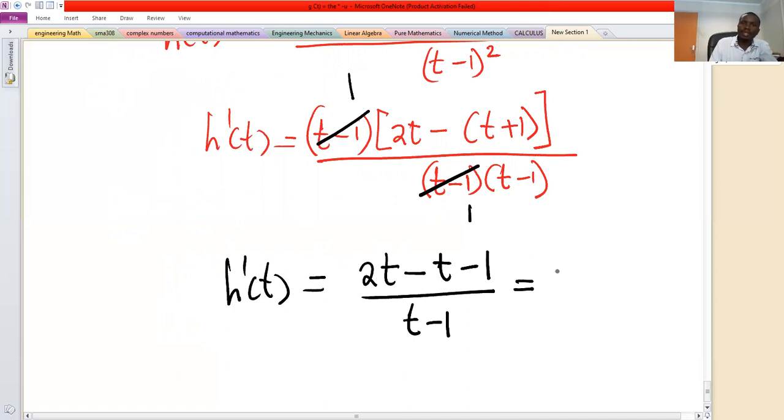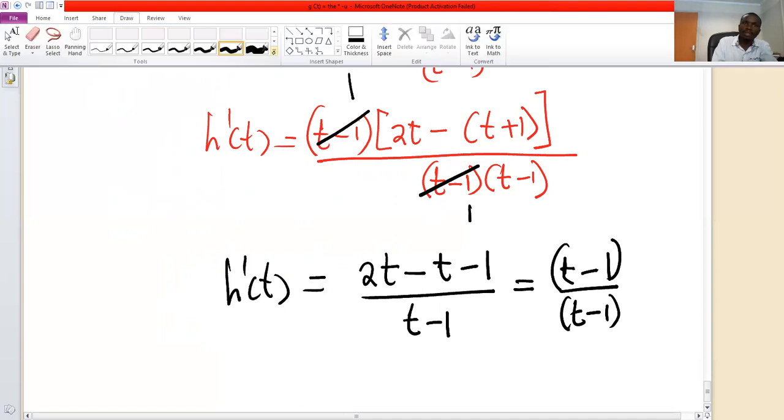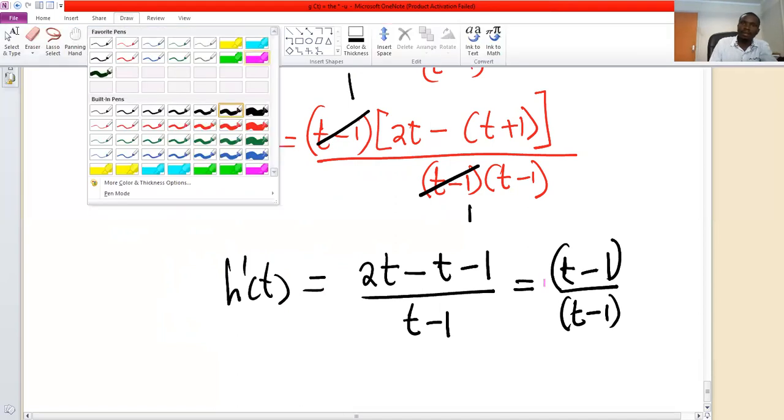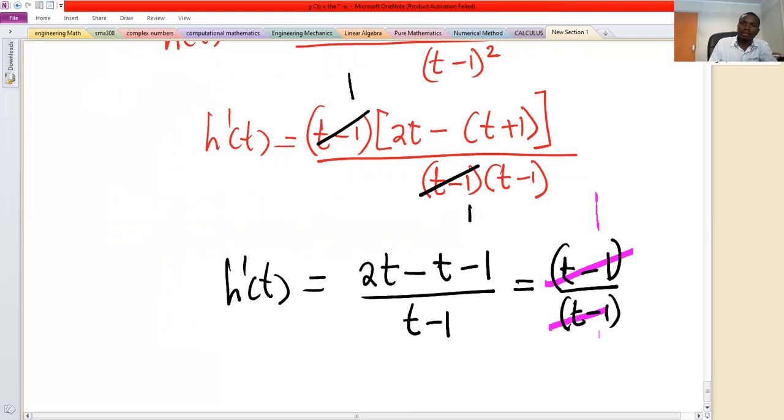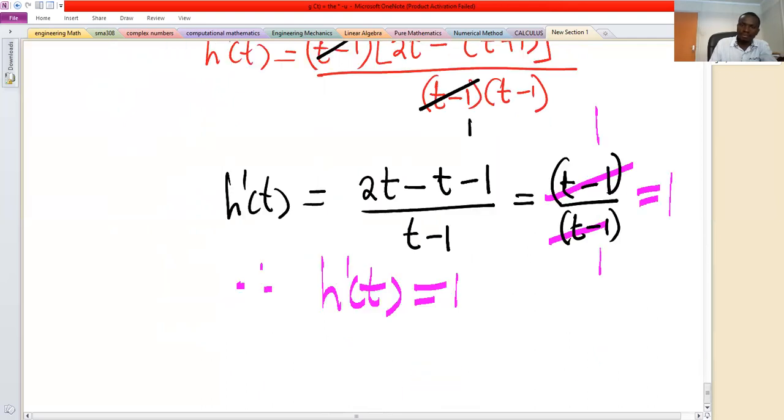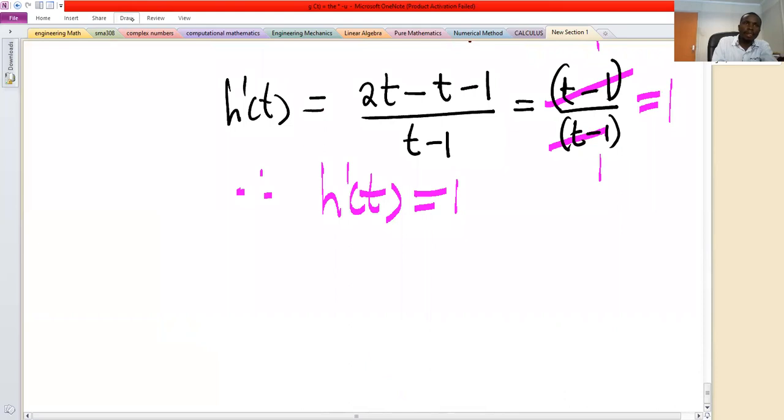And 2t minus t is t minus 1 over t minus 1, which is 1. So therefore, h prime of t is 1. That is by quotient rule.